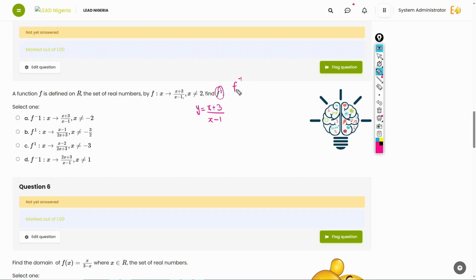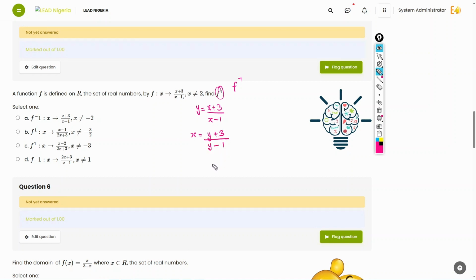So that's saying find f inverse. All right, so the first step you do to find the inverse function is you switch x and y, right? So I will have x is equal to y plus 3 over y minus 1.